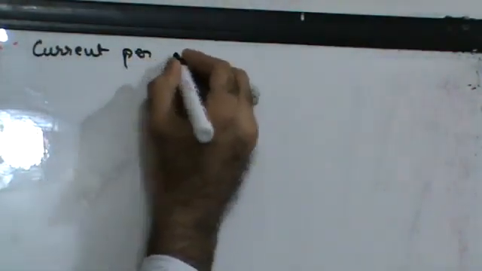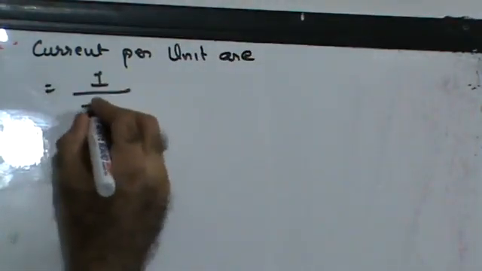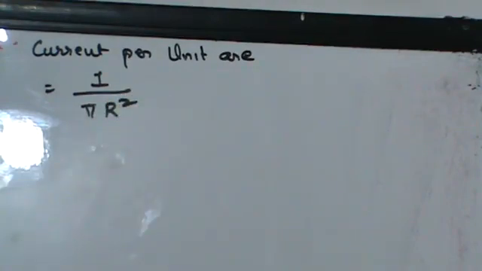So in that case you could say that current per unit area is going to be nothing but I upon pi r square. If the area is pi r square, then the current per unit area has to be I upon pi r square.